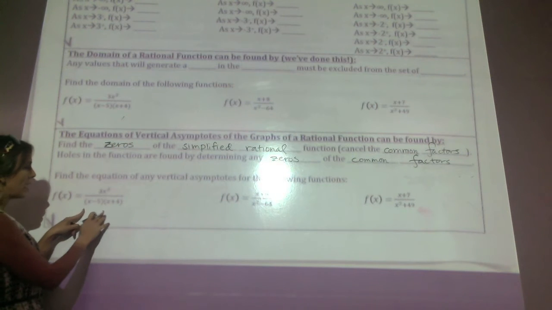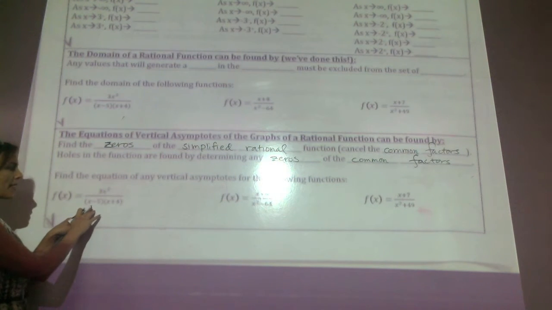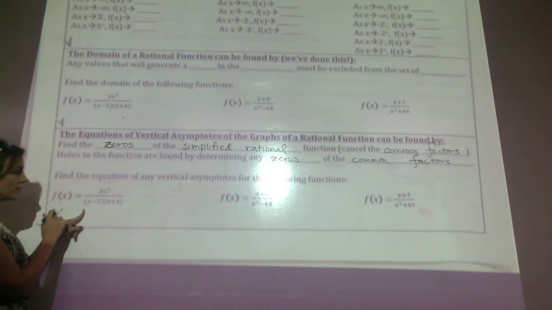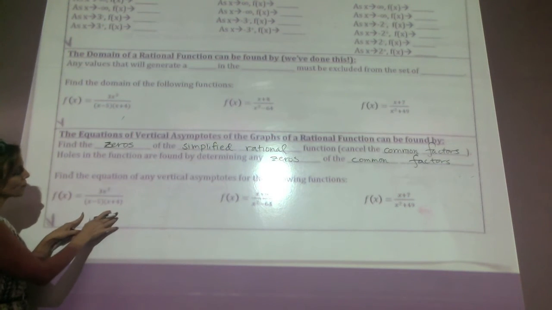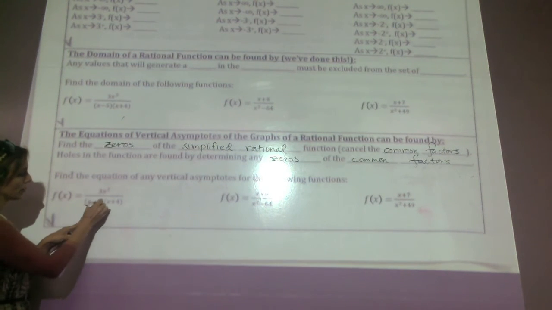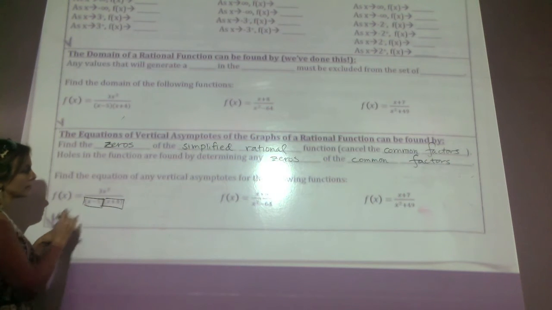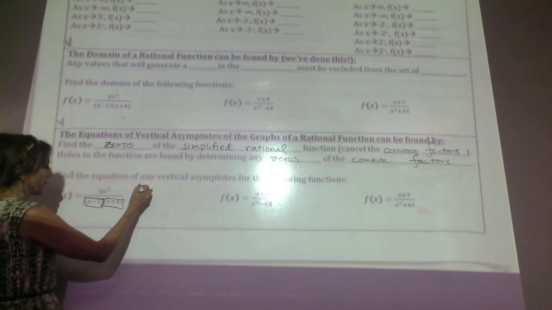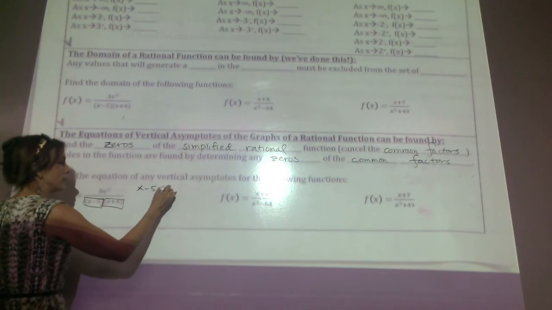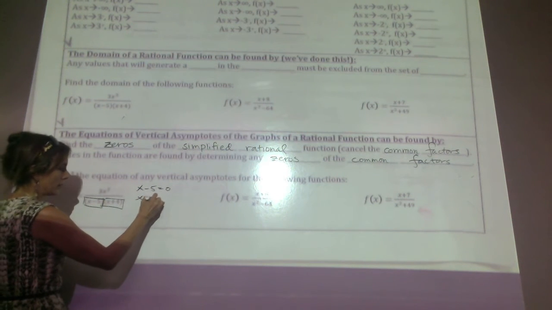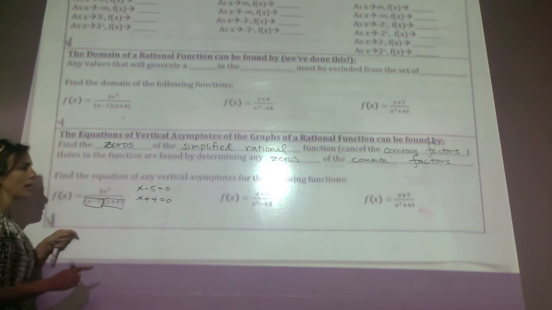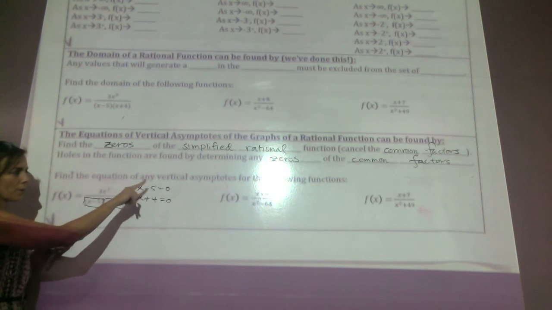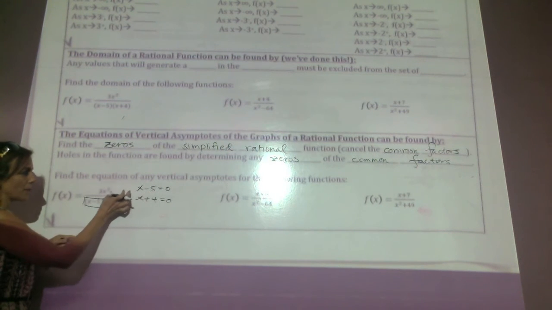We do know that 3x squared divided by x minus 5 times x plus 4, we said that the domain, we can look at this and we can look at this, and we can set both of them equal to 0. Okay, and one thing that you want to be sure of is that this is not represented on the top here as well.